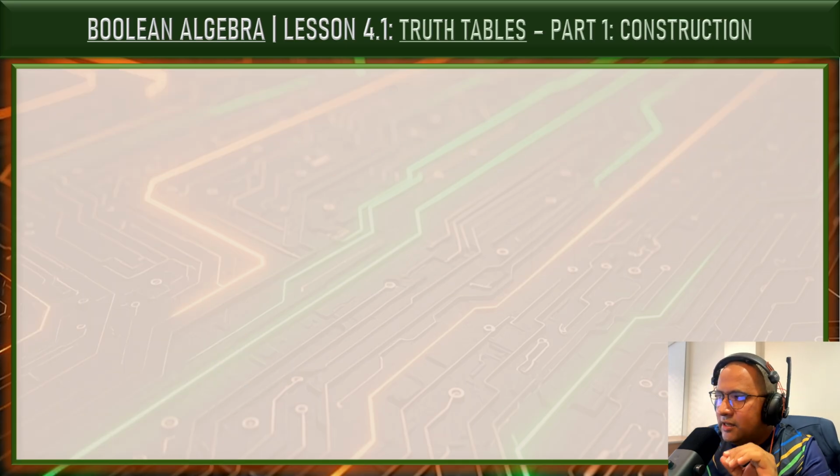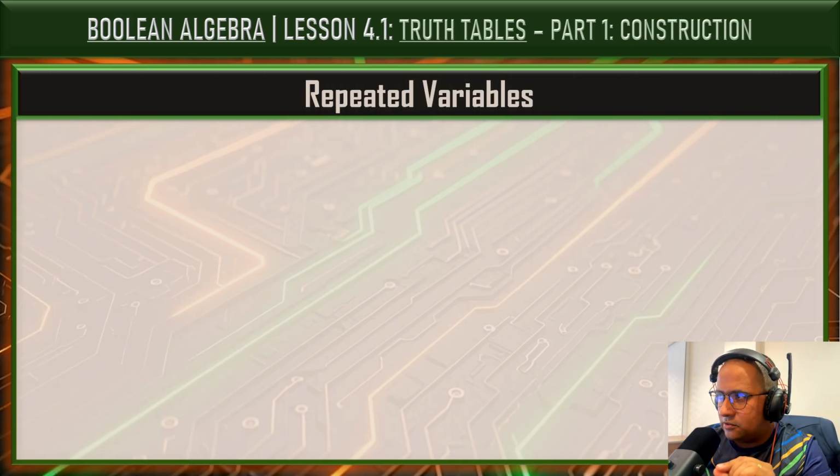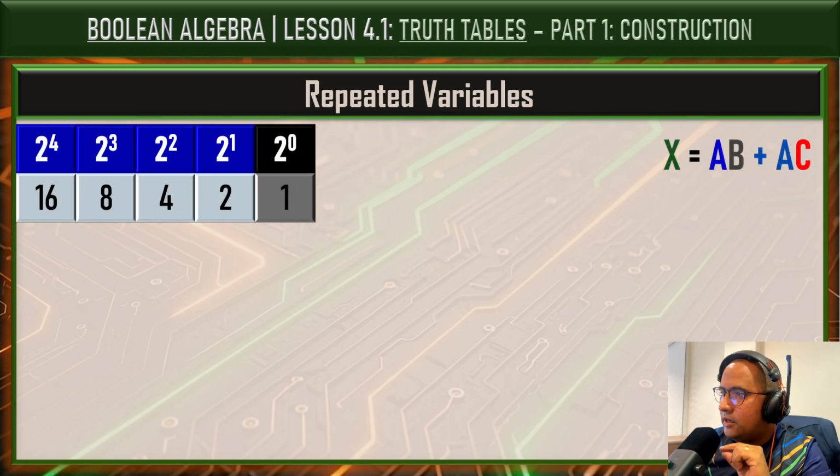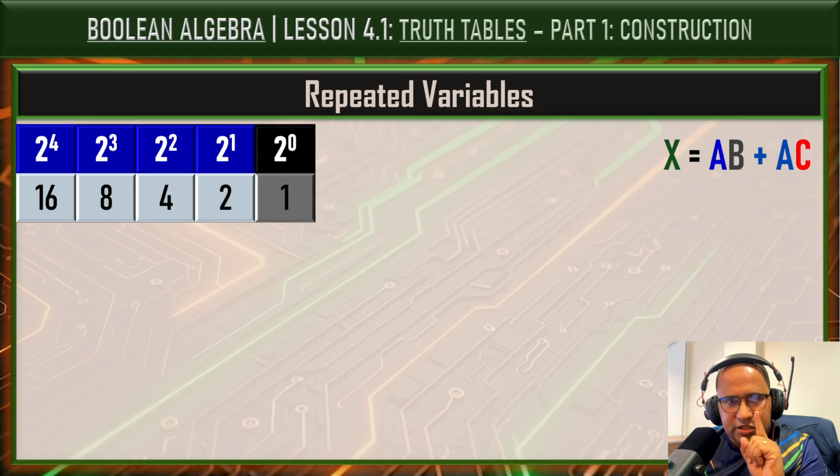Now let's look at a very important detail. Many students see an expression like this, okay, and assume that it represents 4 inputs. But that is not correct. Pay close attention. To determine the number of inputs, we do not count how many times variables appear. We only count the distinct variables.